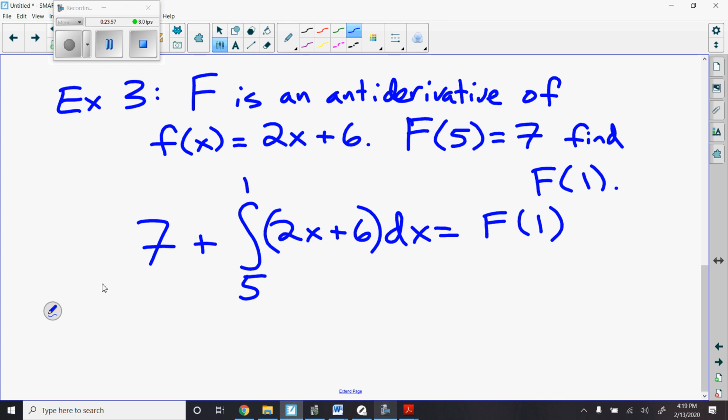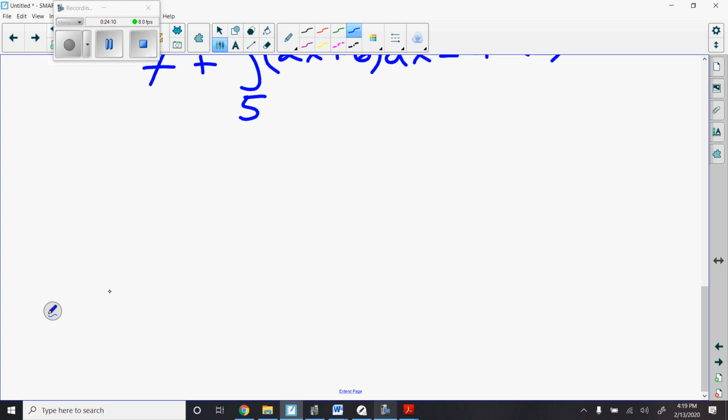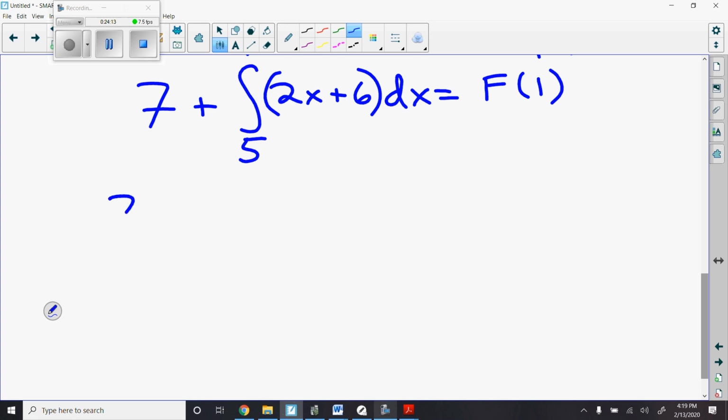But if you switch it to minus, you just got to be careful when you're doing it to make sure that you're following order of operations, but it'll work out either way. So here's what we got. And again, 1 is on top and 5 is on the bottom. I didn't switch them. I kept this as a plus right here.